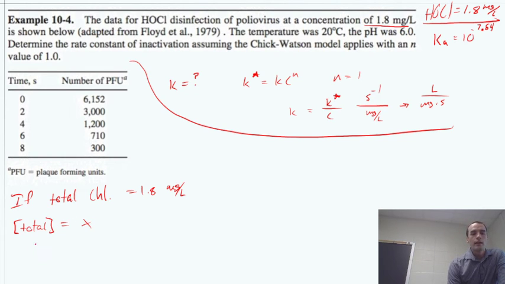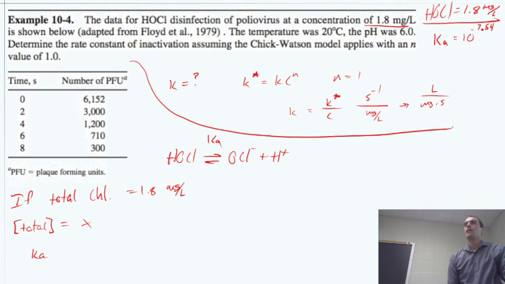Then we say, okay, Ka, and to answer the other question, Ka is the equilibrium constant for this particular equilibrium equation, right? So we have HOCl in equilibrium with OCl minus and H plus. And there's a Ka that dictates how that equilibrium goes, okay?